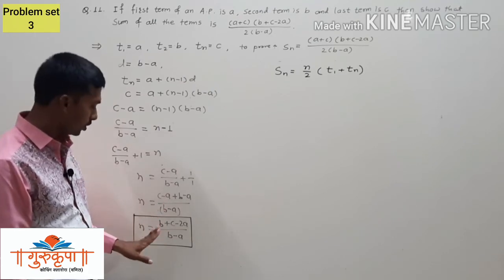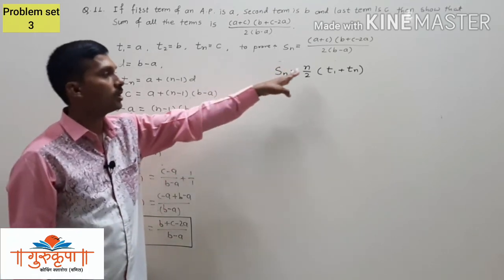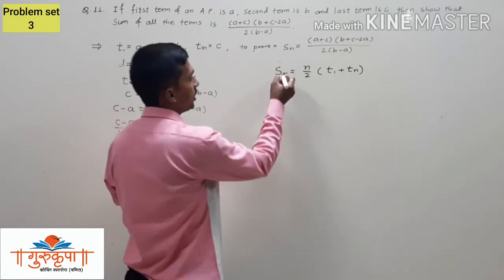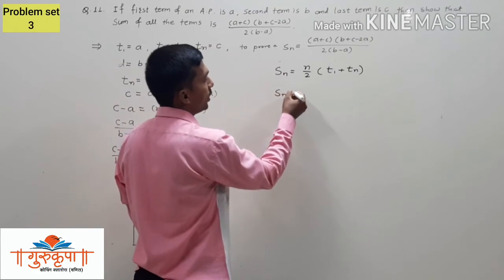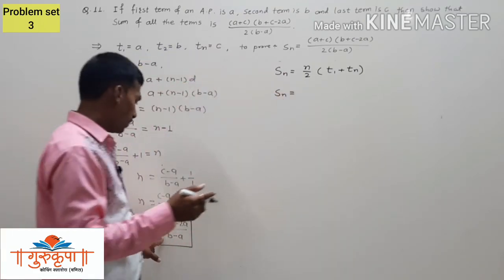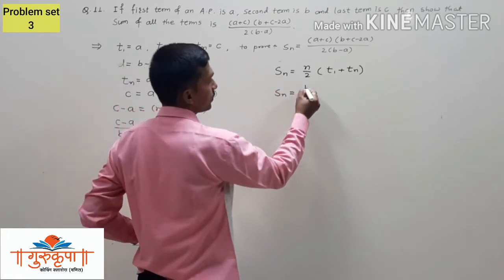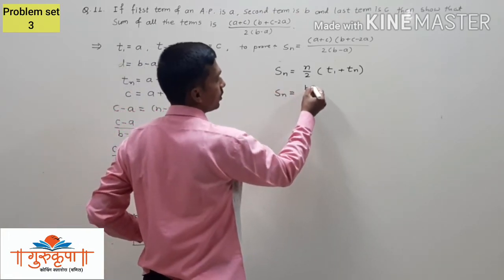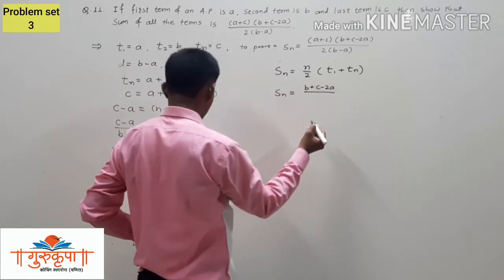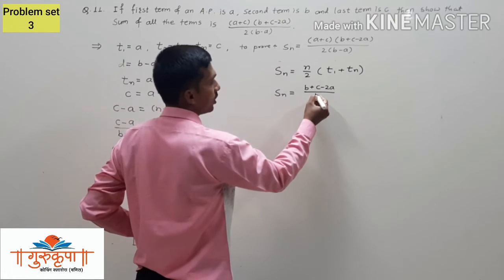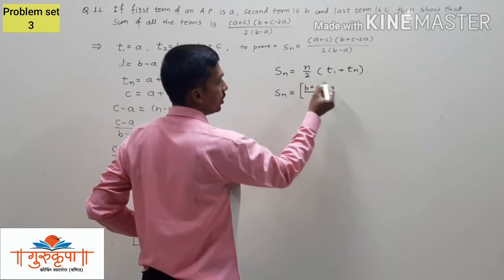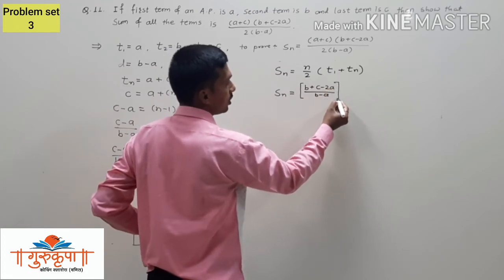And now we have to put this value into the second formula for finding the sum of the n terms. So here we will write Sn is equal to the value of n. The value of n is (b + c - 2a) upon (b - a).